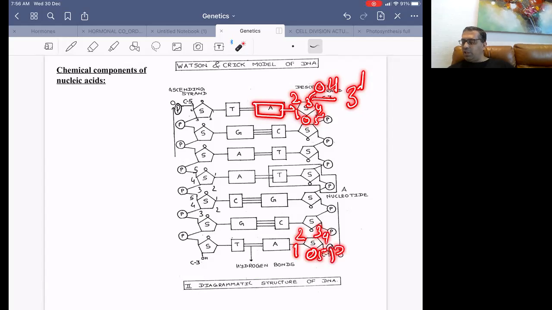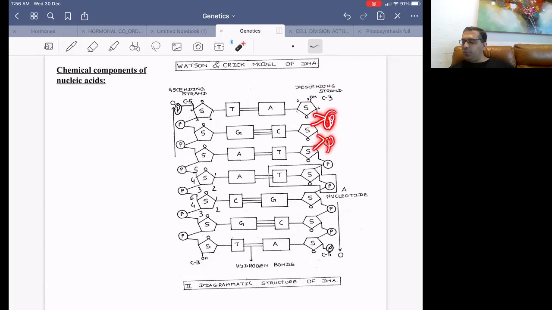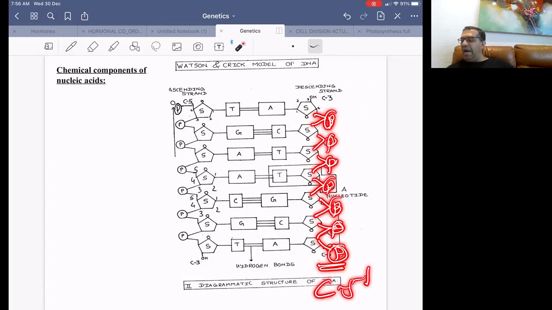Where is the free phosphate present? Everywhere there is a phosphodiester bond, but here there is a phosphomonoester bond. So what is this end called? The C5 end.